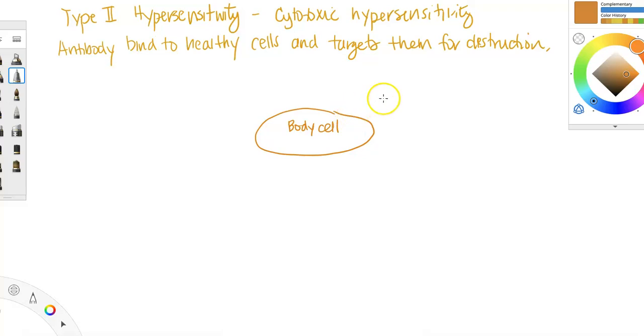And then what the antibody does is link it to some kind of phagocytic cell, or some kind of cell that will target that body cell. So there's a couple ways that it will do that, and it usually is mediated by IgG.